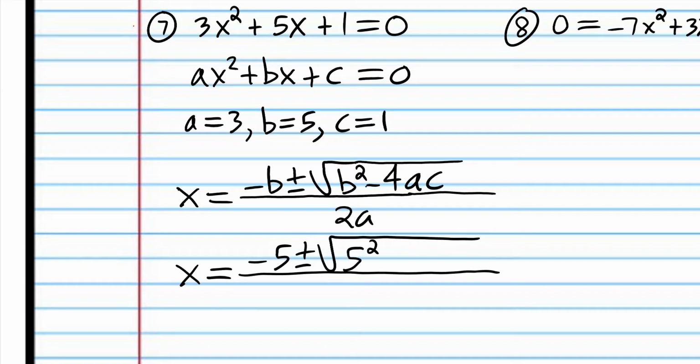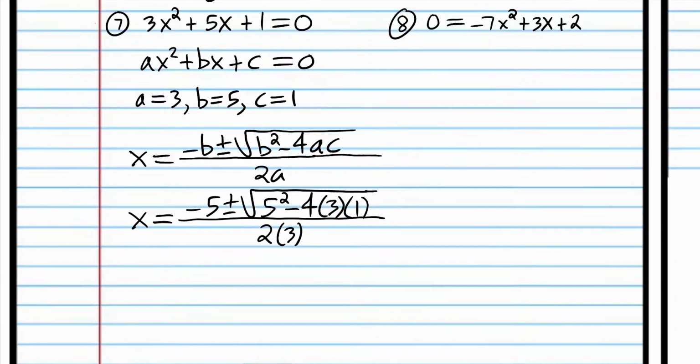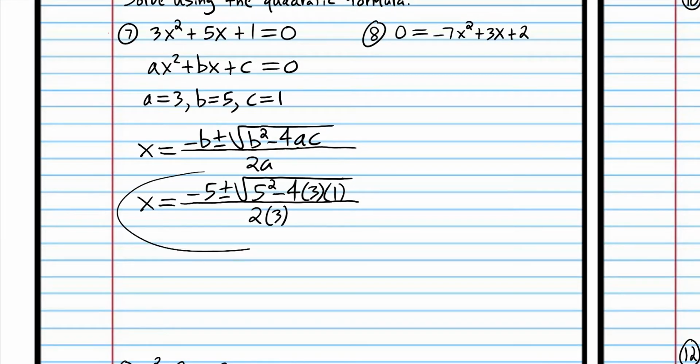B is squared there, and then minus 4 times a, and a is 3. If you watch up there, a is 3 and c is 1. So we're just going to plug in that 1 there. And then in the bottom we have 2 times a, so a again is 3, and there you go. So this is the answer. All we have to do now is just simplify it.